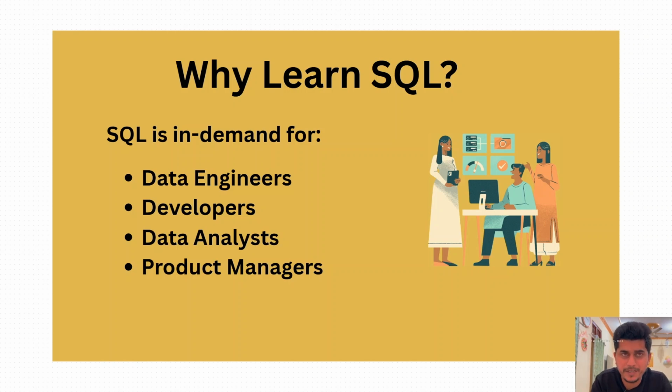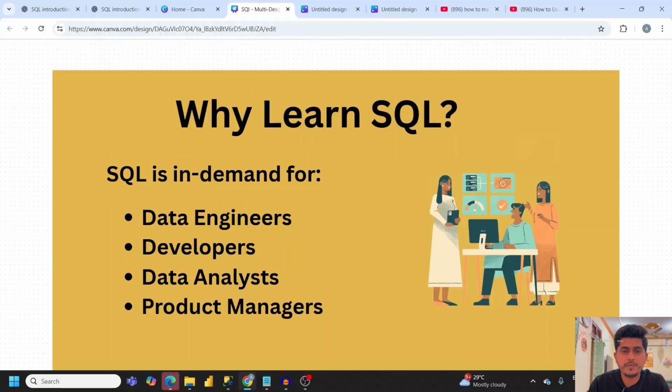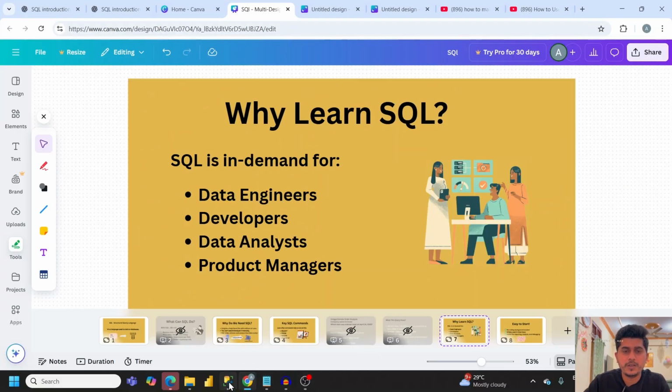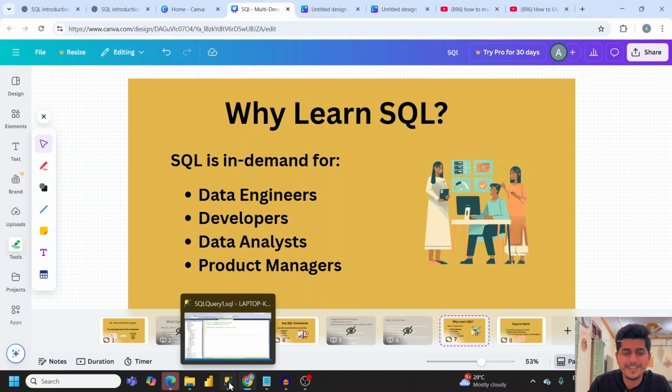SQL is in demand right now in this AI era because AI works on data, and whatever answers you get from AI are based on the data provided or trained to it. To run AI, there are different roles that play their part. These are a few data-related jobs, but there are many roles where you need to learn SQL. So now let's quickly jump into the practical part, as I told you earlier.